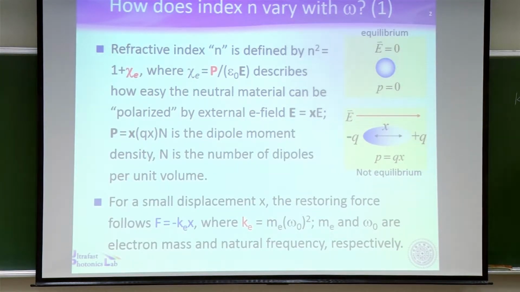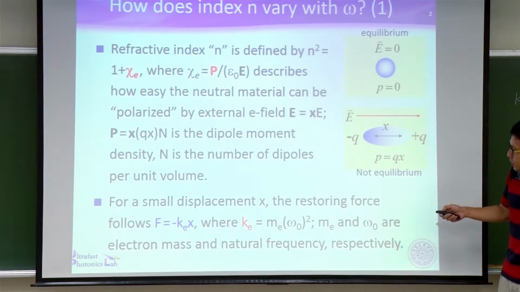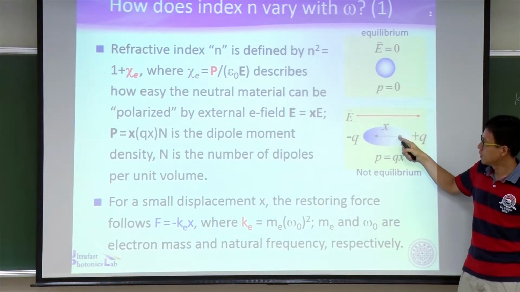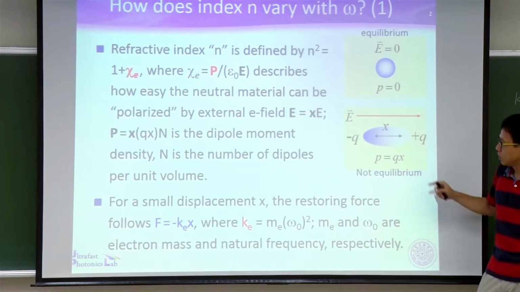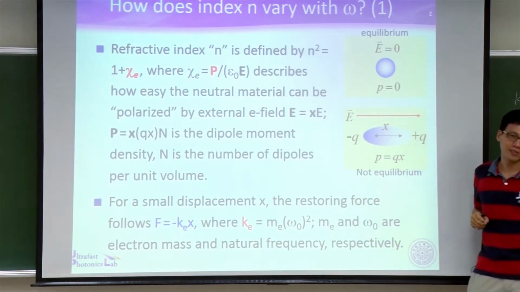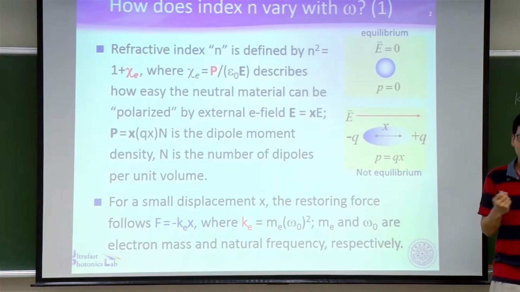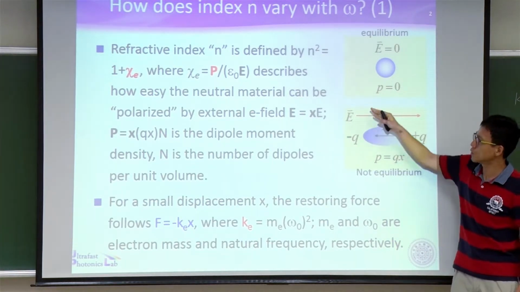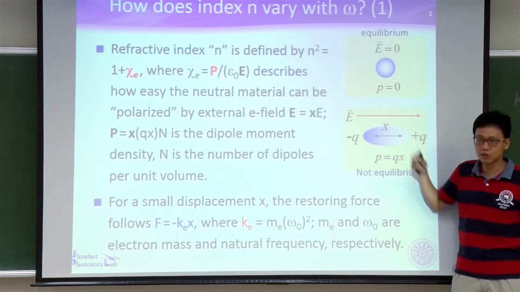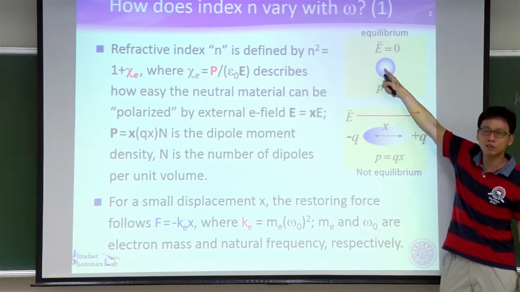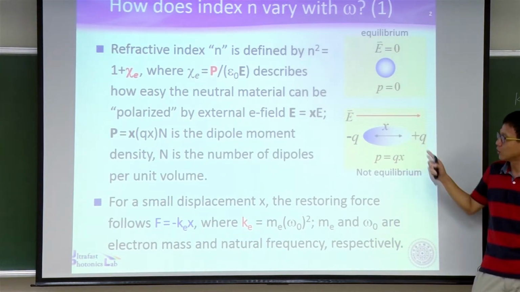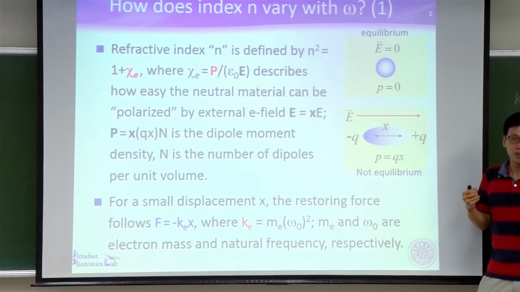But I haven't talked about the harmonic oscillator yet, right? So if there is a small displacement x, based on this model, there is a restoring force, just like a spring. If you cancel the external field, it will go back to this case. So there is a restoring force, of course.